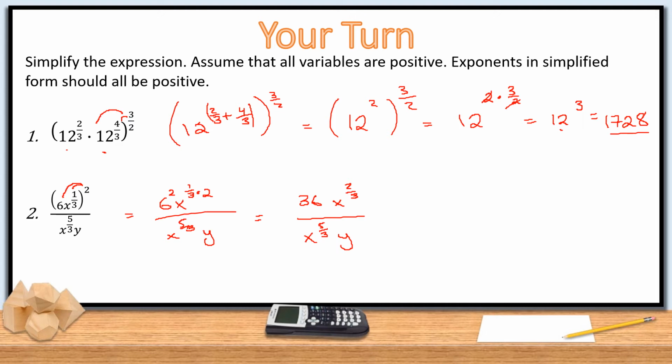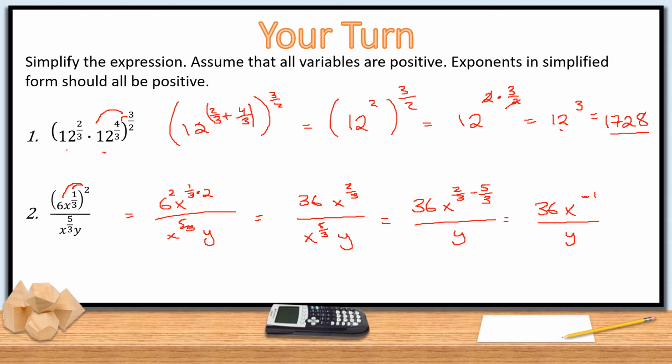So the x's are being divided. Thinking about it, if it was just x, we would cancel them, but because there's exponents involved, we are going to subtract them. So it's going to be 36 x to the power of 2/3 minus 5/3, and then over y. So that's 36 x to the power of minus 3/3, so minus 1, and then all over y.